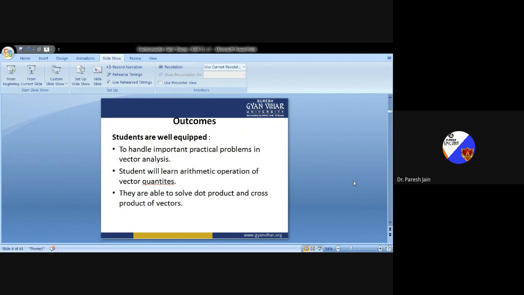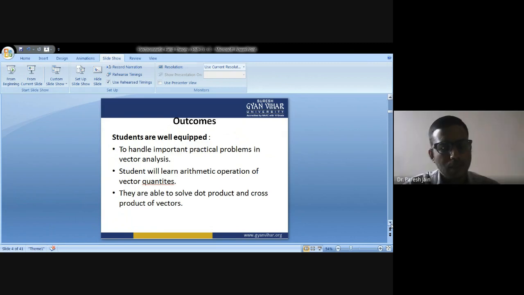After watching this video lecture, students will be able to handle the important practical problems in vector analysis. They are able to solve the vector arithmetic operations and simple operations. Students will learn the arithmetic operations of vector quantities, and they are able to solve the dot product and the cross product of the vectors.